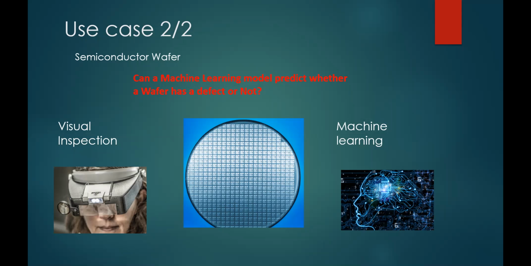I found it very interesting and decided to research what information exists in the market about wafer data sets, and found one at Kaggle.com. The great question here is, can a machine learning model predict whether a wafer has a defect or not? What should the accuracy be?